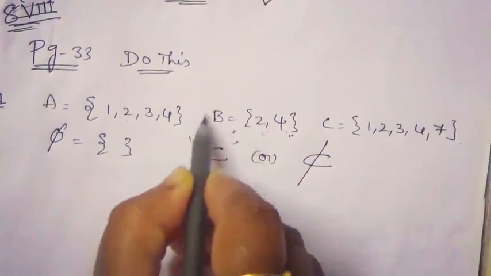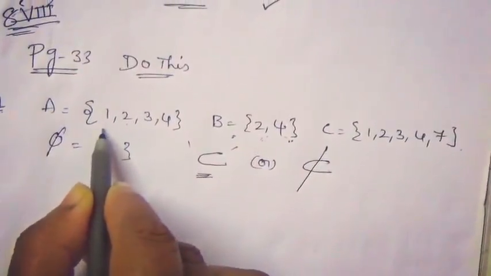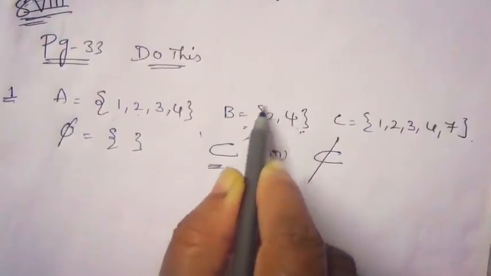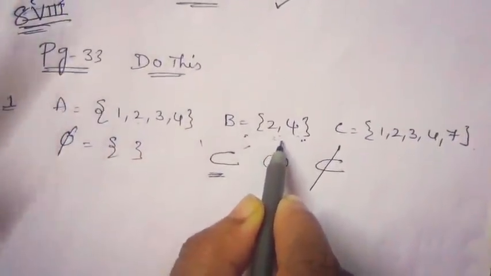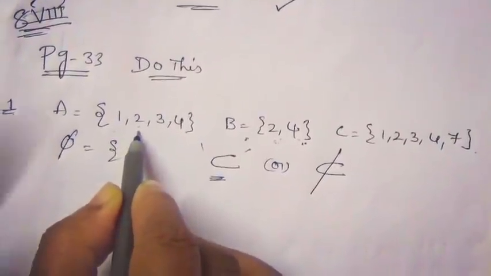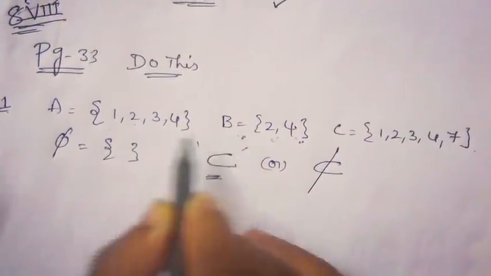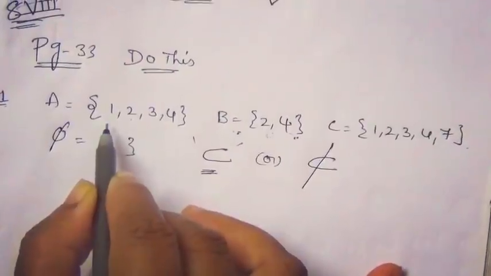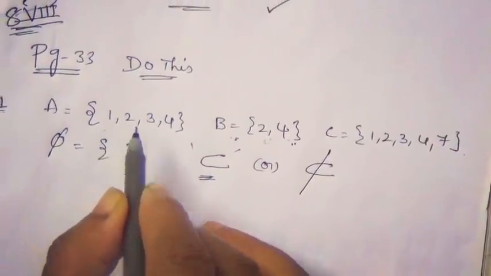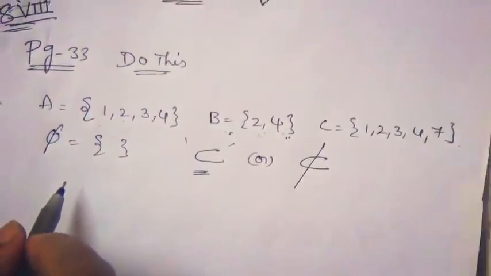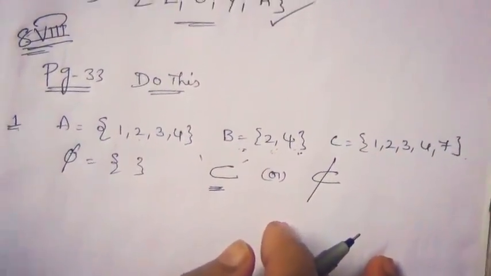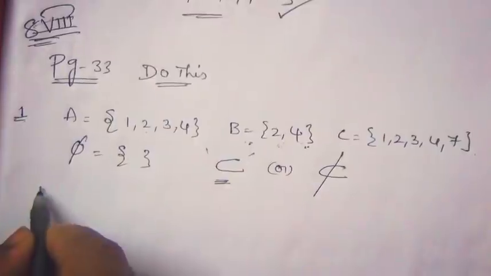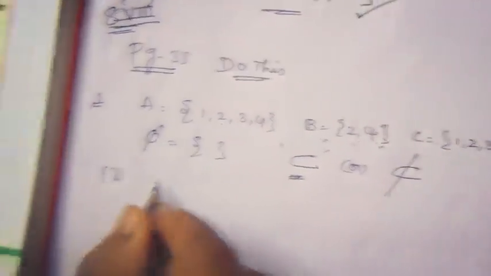Hence B is the subset of A. That means every element in B belongs to A. Hence B is the subset of A. Right? You just recollect that definition of subset. While doing these problems, you can understand it better. Okay?